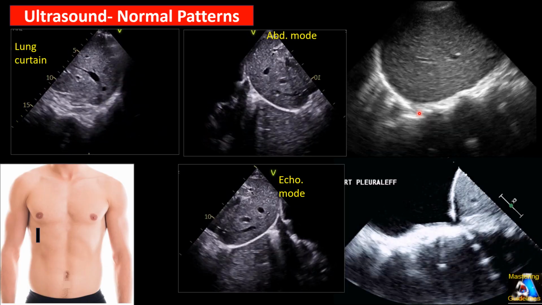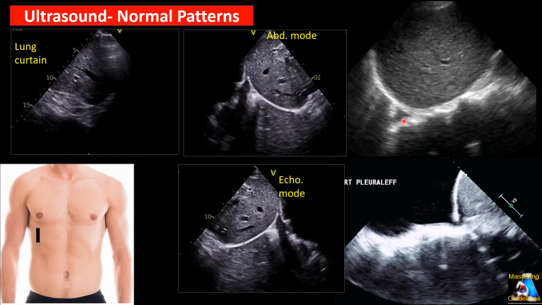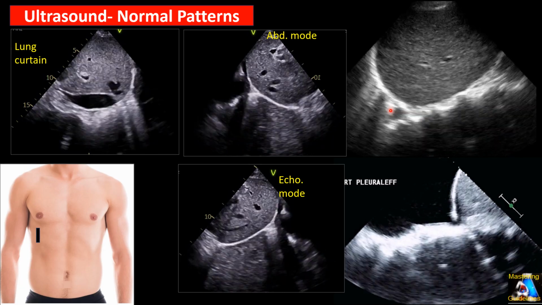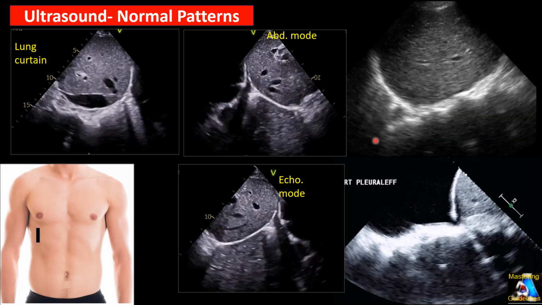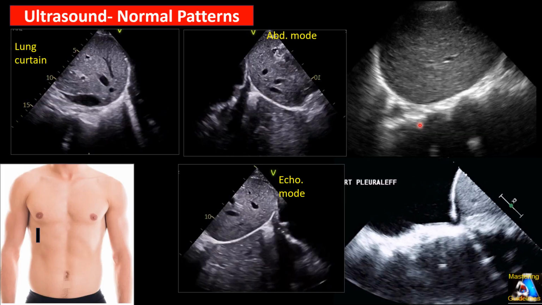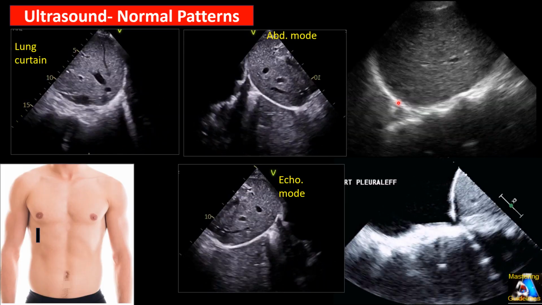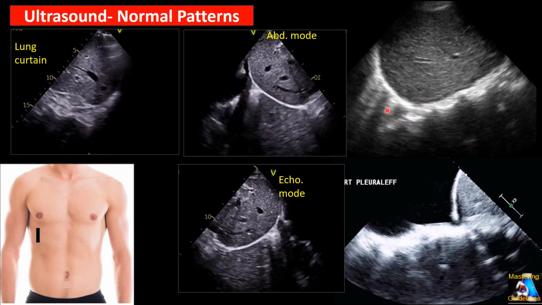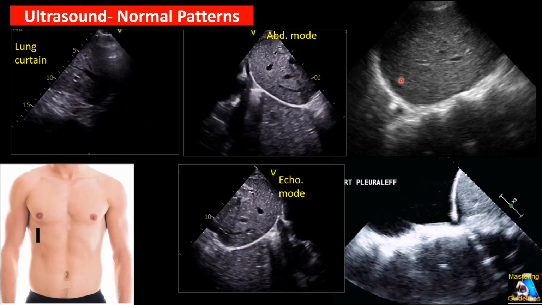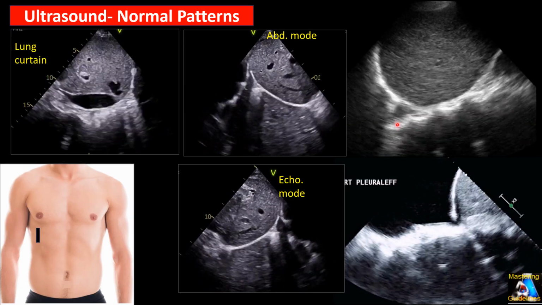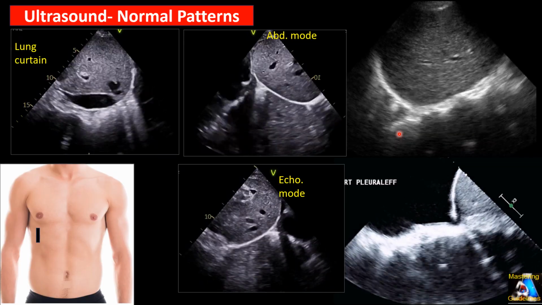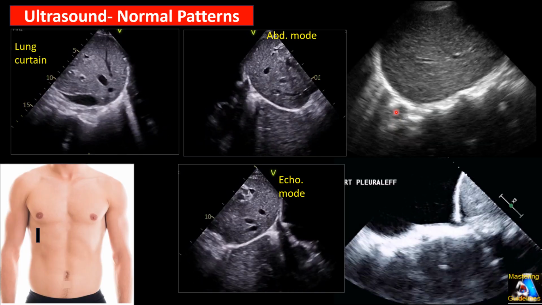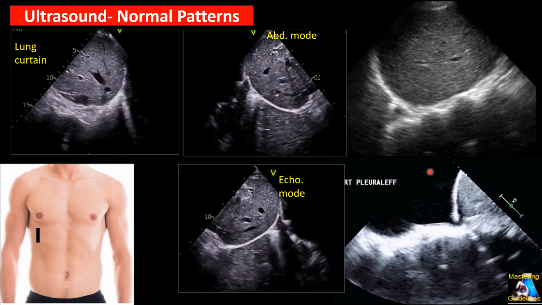If we see, for example, vertebra above this level, it means that sound can pass through this level and this level too, and create the image of the vertebra above this level. So we have fluid in this area, or consolidation, or mass, or anything that lets sound pass through this region and create an image of what the structure is, the vertebra, in the alignment of the sound beam.